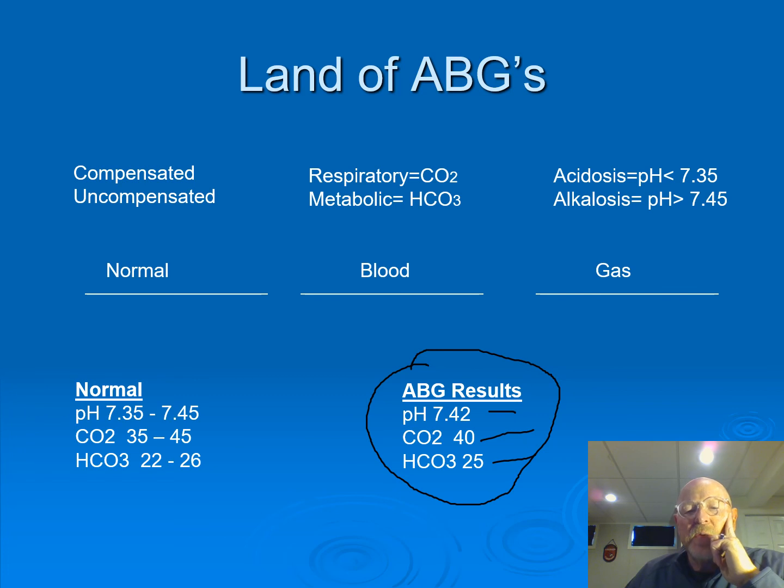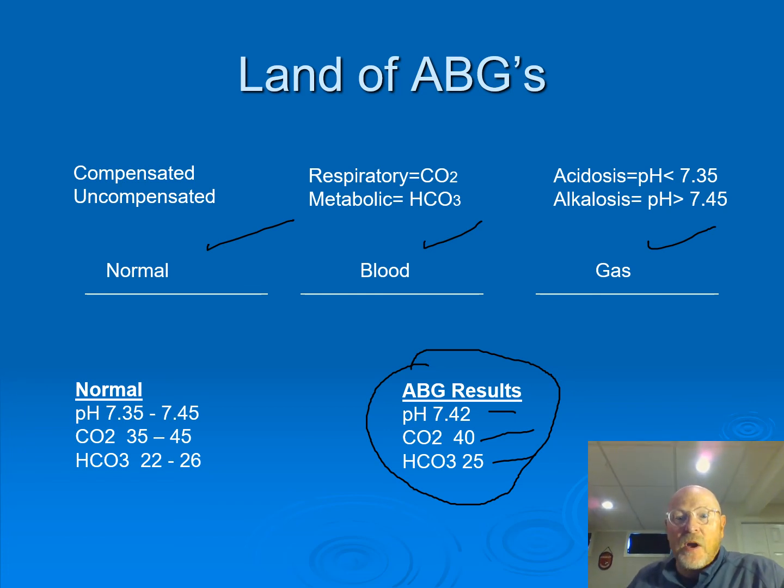So what's the analysis when all three are in the normal range? It's just normal blood gas. You'll see one of those on the test. So when you see that pH and get excited and the other two are within normal range, guess what? It's going to be a normal blood gas.